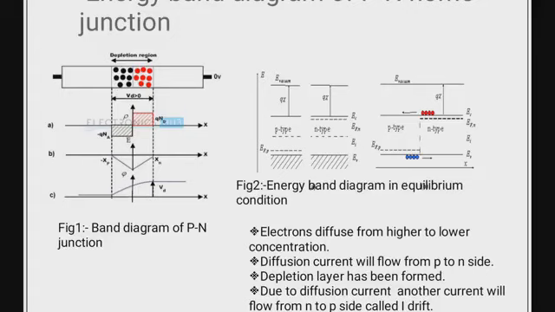Therefore, a built-in potential is formed in the region, which is basically called the potential difference. And due to this potential difference, a current will be generated, flowing in the reverse direction of the diffusion current, and this current is called the drift current.